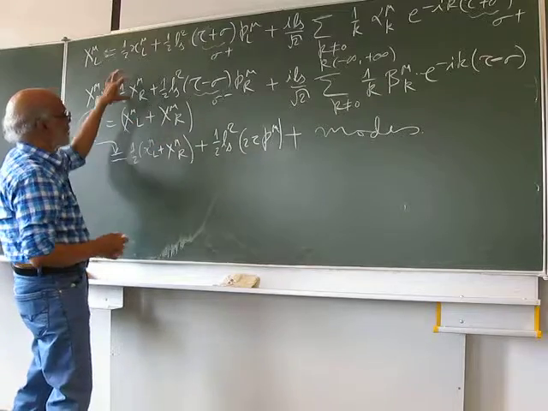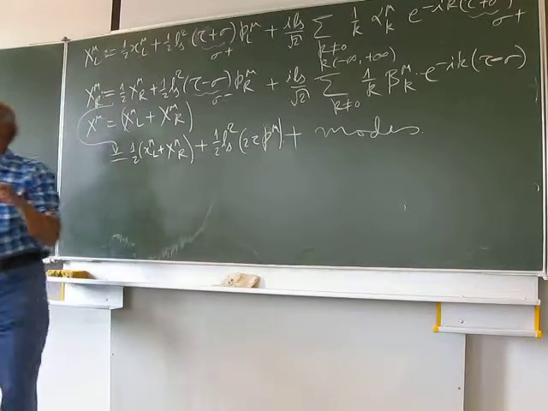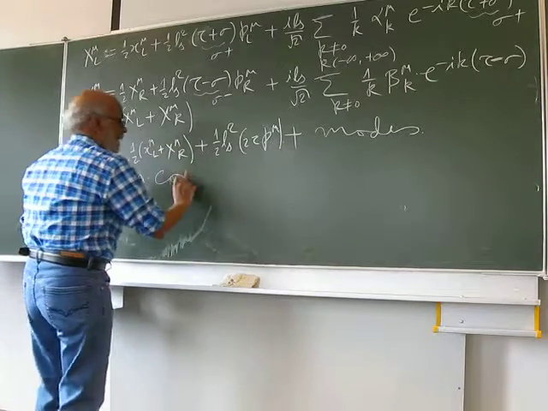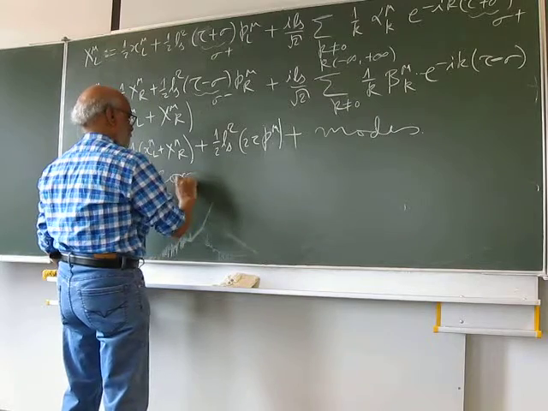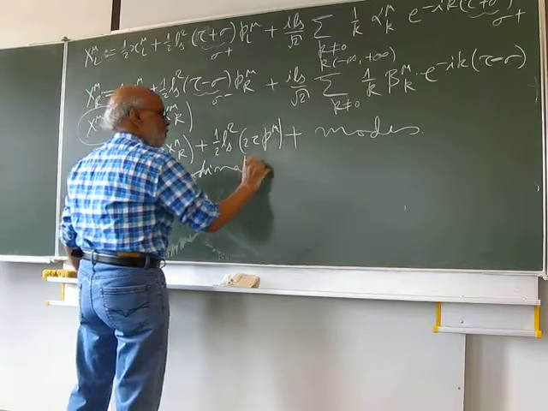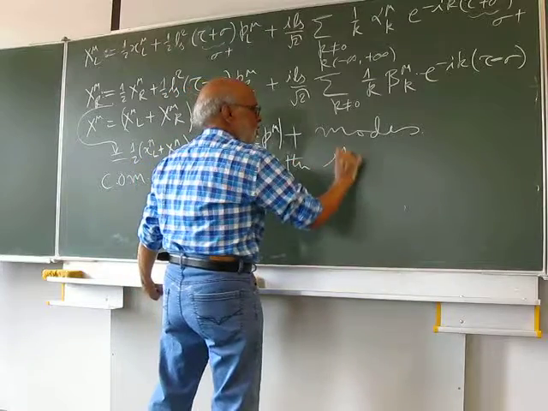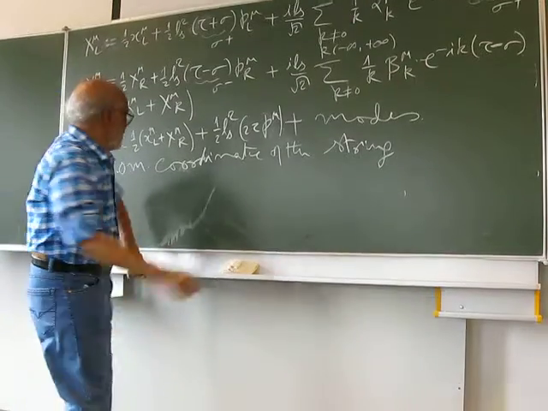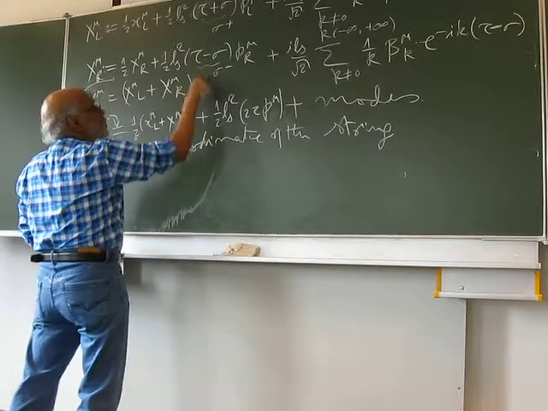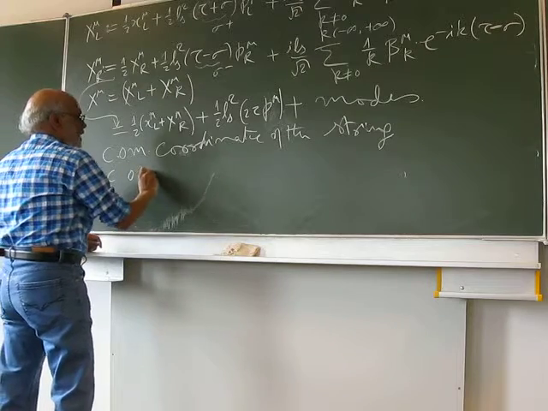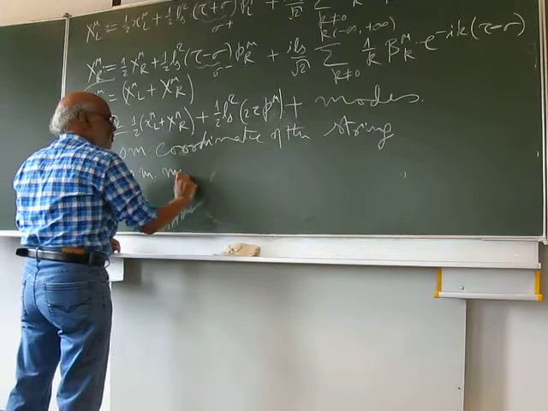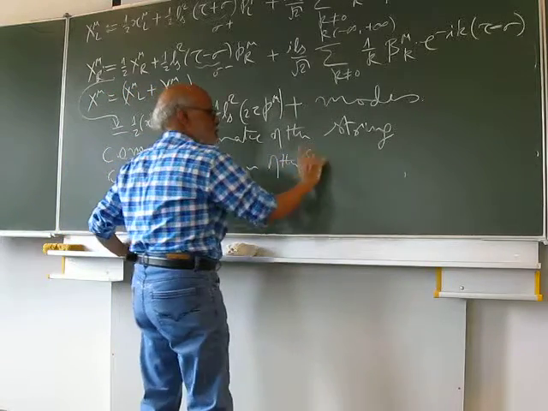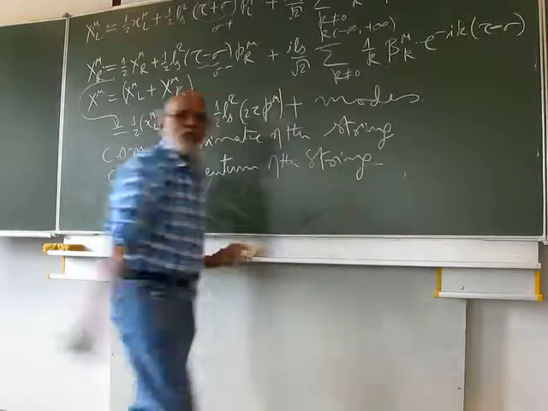This object, the sum of these two terms, represents the center of mass coordinate of the string, and this sum of these two, whatever it is, would represent the center of mass momentum of the string.